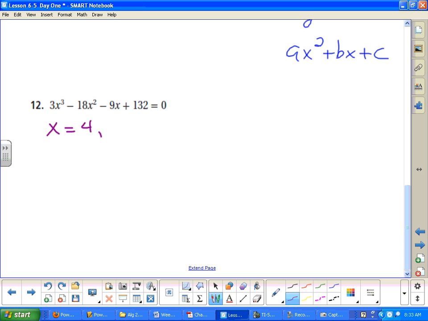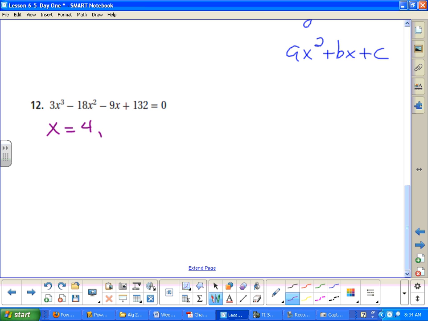Now, one other thing was, when I look at this, it looks like everything might be divisible by 3, right? Is that true? Does 3 go into 132 44 times? Okay.